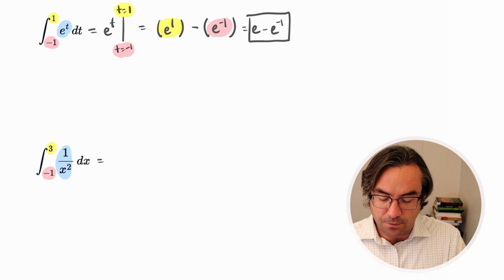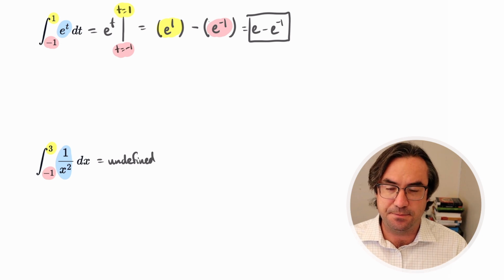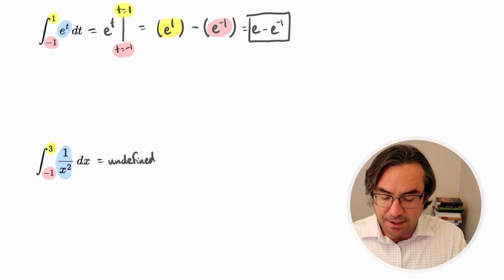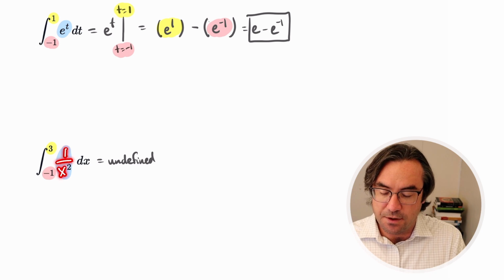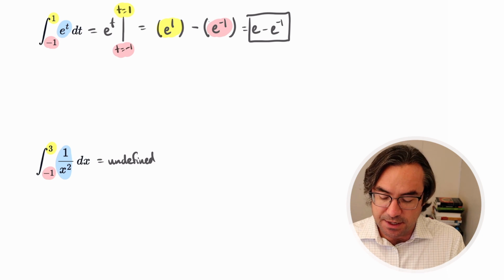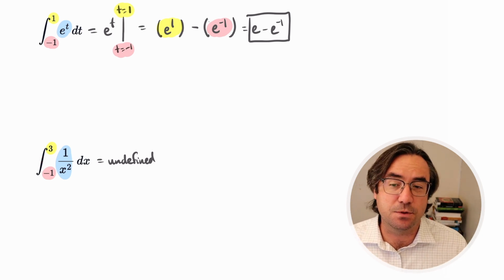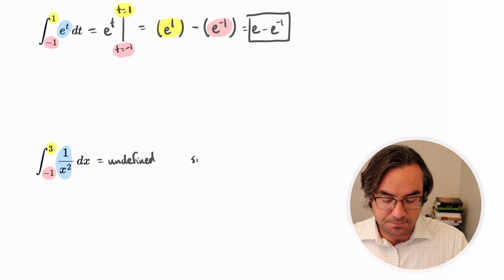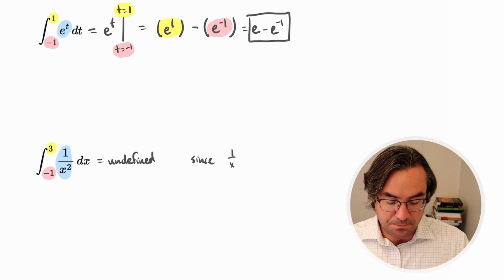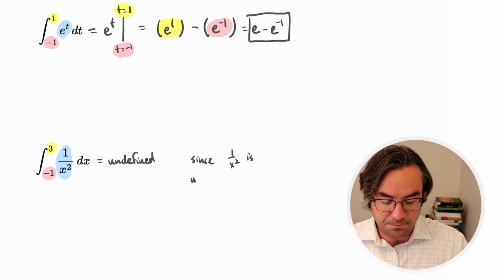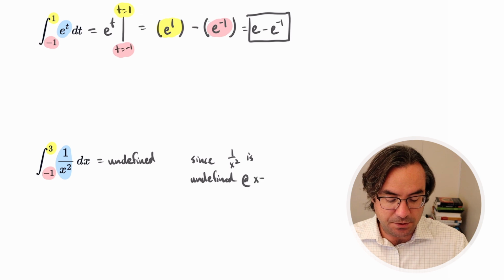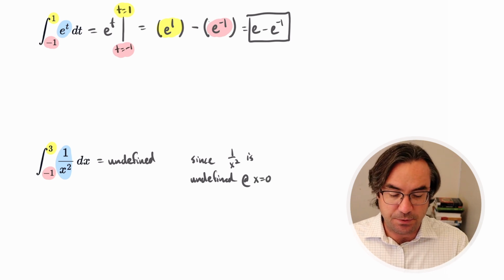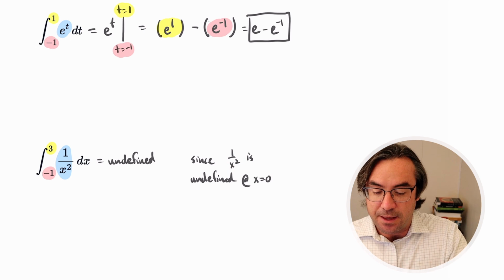And so for right now, this integral is undefined. The reason is that this function 1 over x squared is undefined at x equals 0, somewhere in the middle of this interval. It's undefined at x equals 0 because we would be getting division by 0 there.